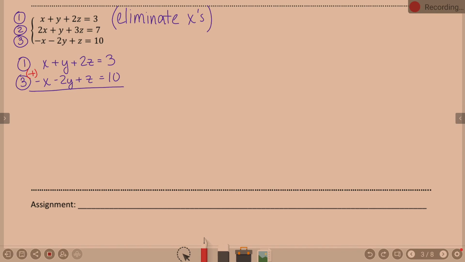Y plus negative 2y is negative 1y, negative y. 2z plus z is plus 3z. Carry down your equal sign. 3 plus 10 is 13. I'm going to call this equation 4.